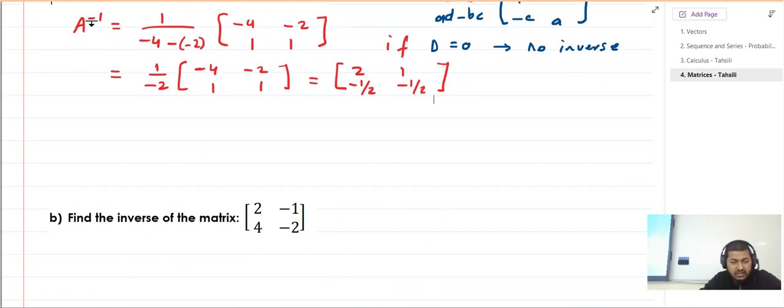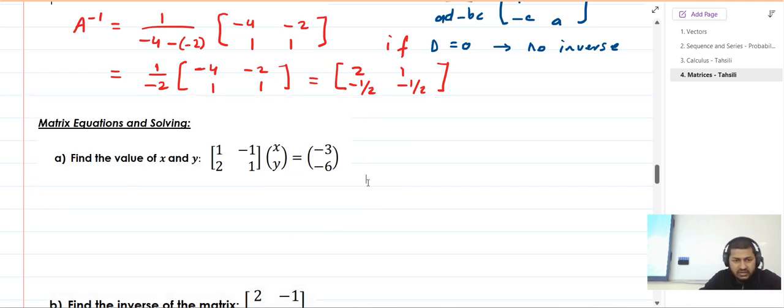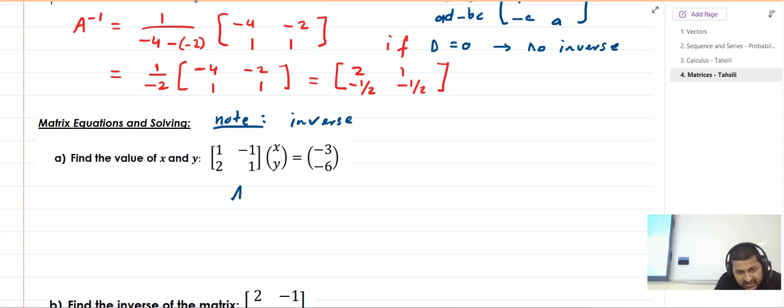If you don't understand the purpose of finding the inverse, note this is using inverses. So what you have over here is AX equals B, so X is equal to A inverse B. I can find the inverse of [1, -1; 2, 1] and solve this matrix equation.